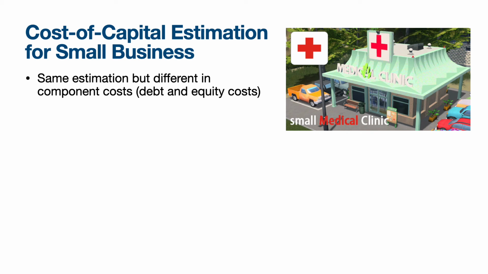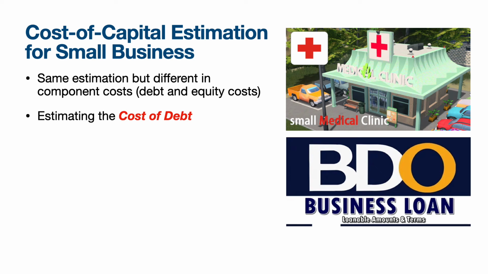Small businesses typically obtain most of their debt financing from commercial banks. So, a business's commercial loan officer will be able to provide some insights into the cost of future debt financing. Managers of small businesses can look to marketplace activity for guidance.